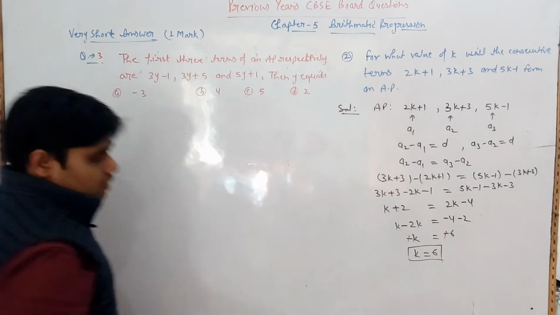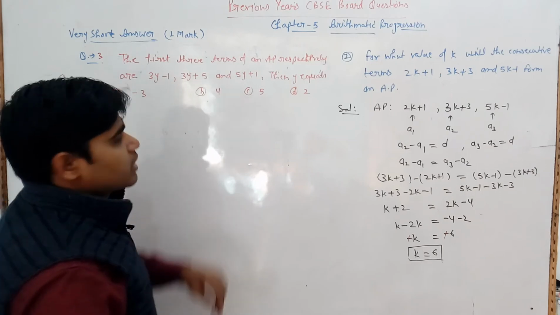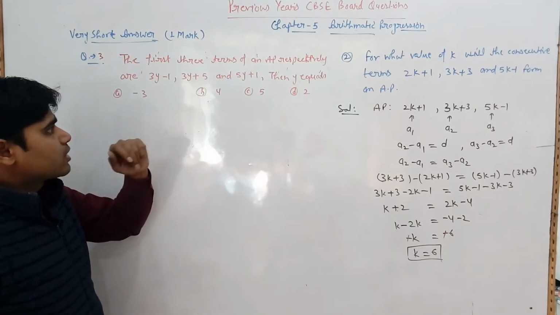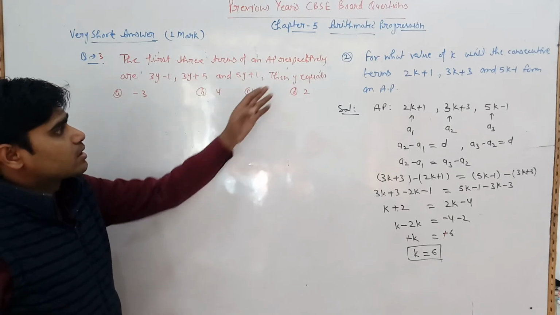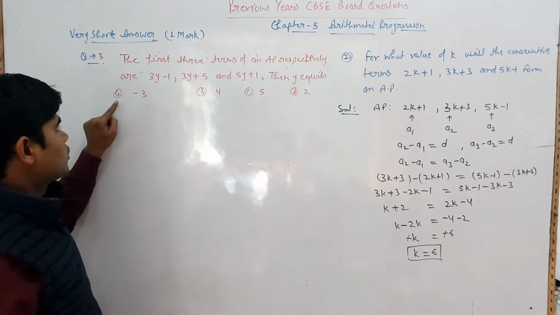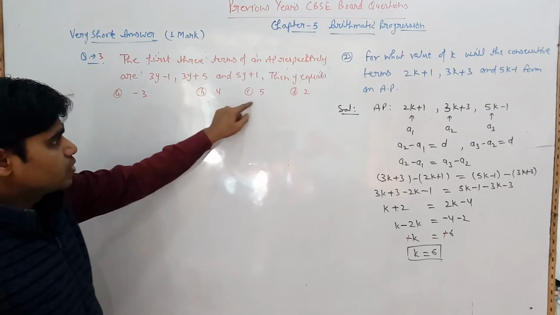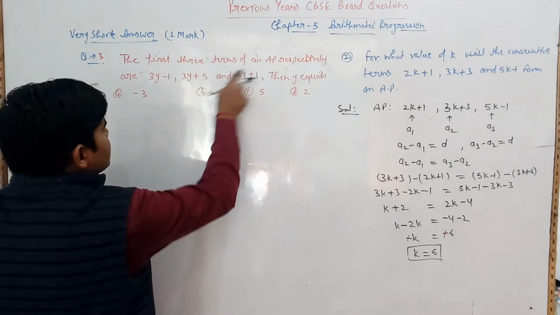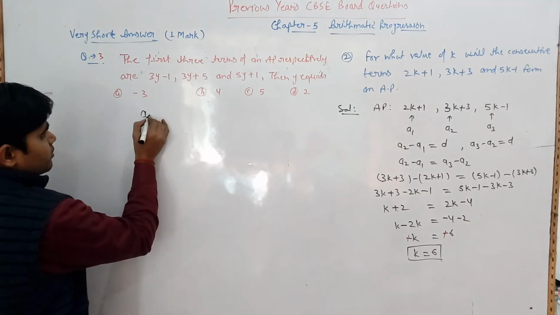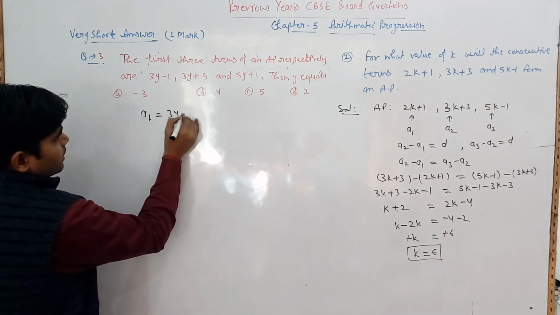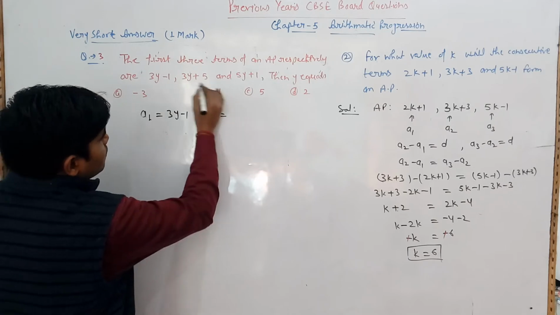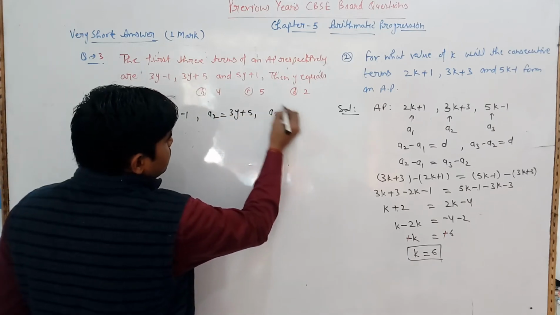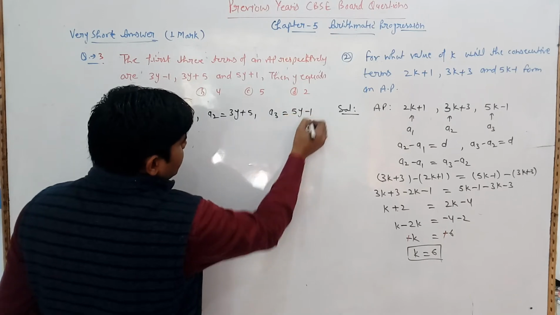Now third question, the first three terms of an AP respectively are 3y minus 1, 3y plus 5 and 5y plus 1. Then y equals option A minus 3, B minus 4, C. This is the question. So these three terms are in AP. First term A1 is 3y minus 1, A2 is 3y plus 5 and the third term A3 is 5y minus 1.